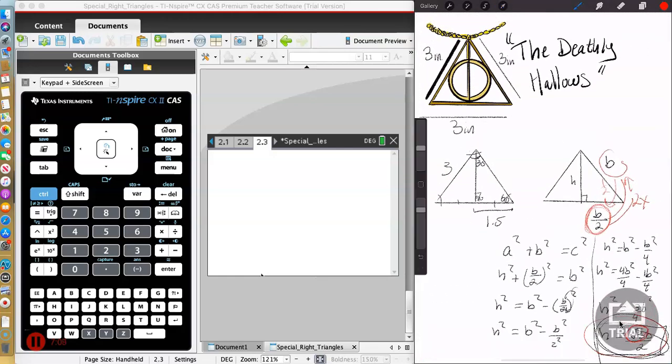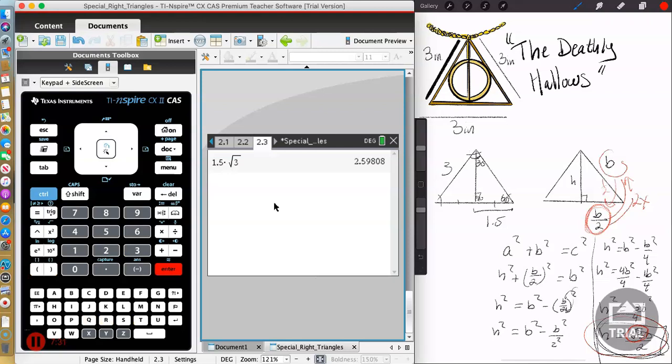So in our calculator, we're going to go ahead and plug that same thing in. Our original equation, we could go the Pythagorean theorem route and say 3 squared minus 1.5 squared equals our height once we take the square root of that. But what we're going to do is just take 1.5 and multiply that by the square root of 3, 2.59.